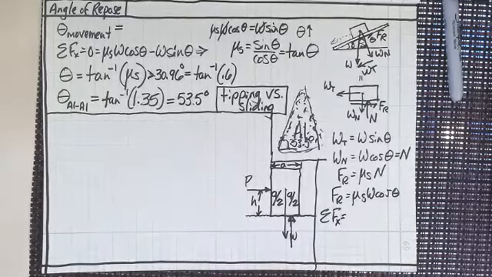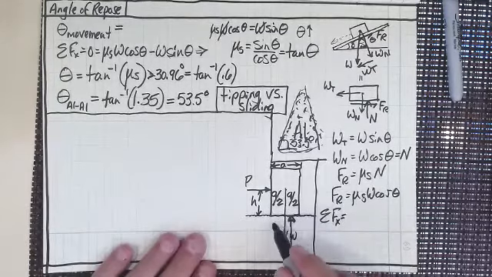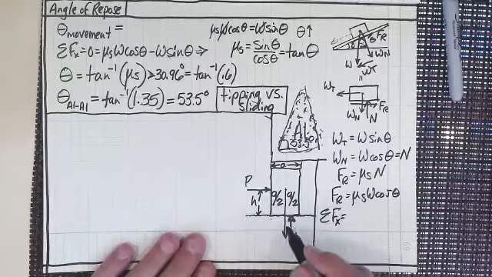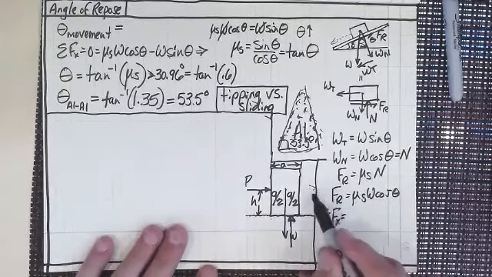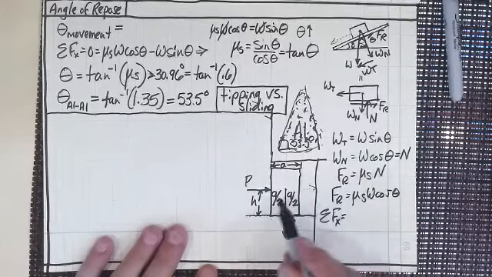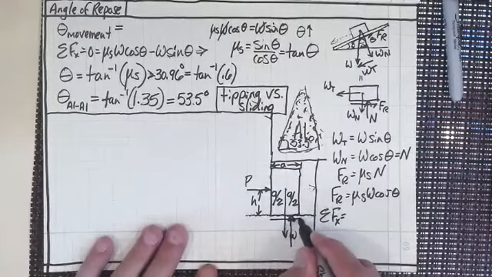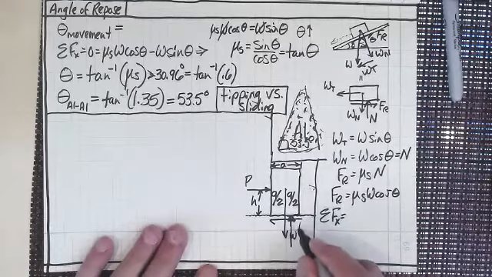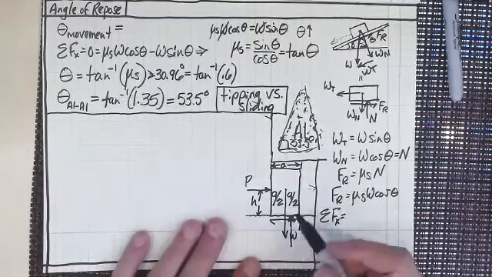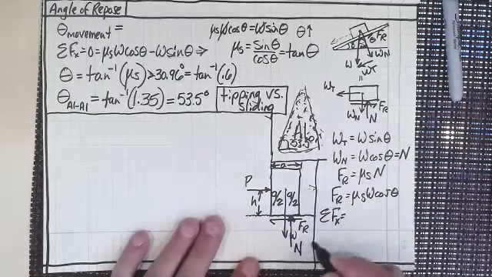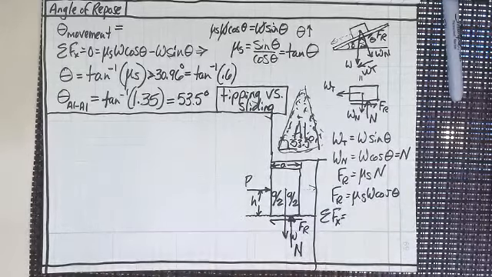And depending upon how high that would be, I would have a frictional force working against the impending motion, and the impending motion would be in that direction, because I'm trying to push it in that direction. So my frictional force is working against that impending motion. I have my weight working down. I have my normal force working up, just like we've done in all of the schematics that we've had up until this point.